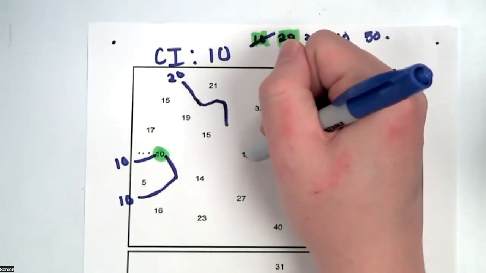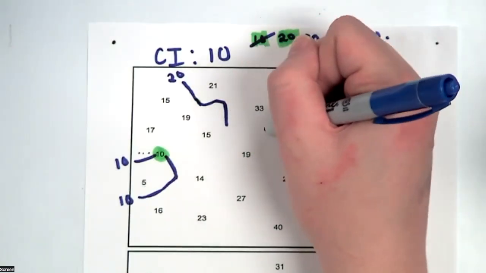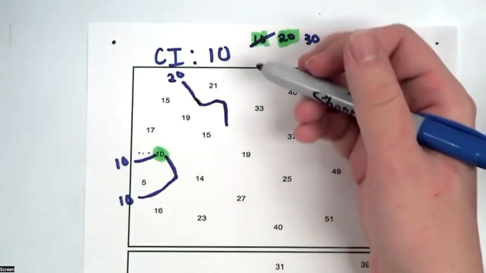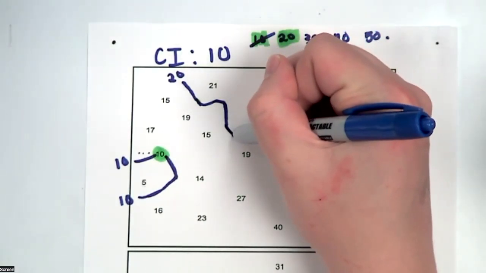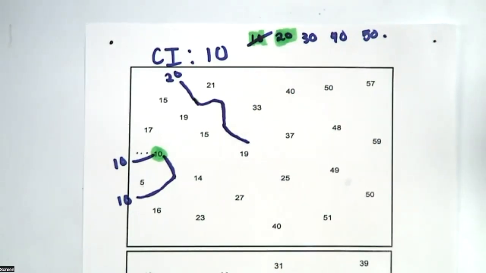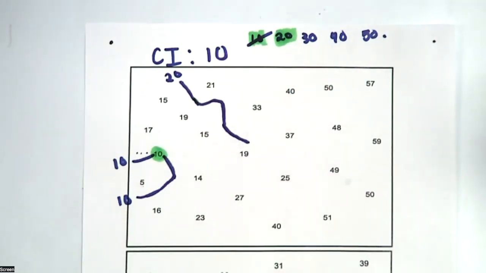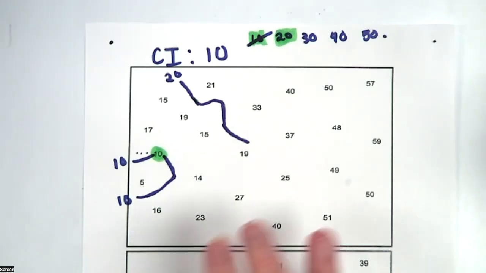I can't go between 15 and 19, so I can't go straight down there. It looks like I'm going to have to come between 33 and 19. I'm going to get closer to the 19 side. I hope you can see how I'm determining where that line ends up going. I'm going to invite you to pause the video now and try to finish the 20 contour on your own for this top diagram.